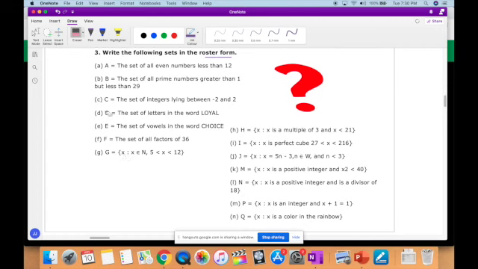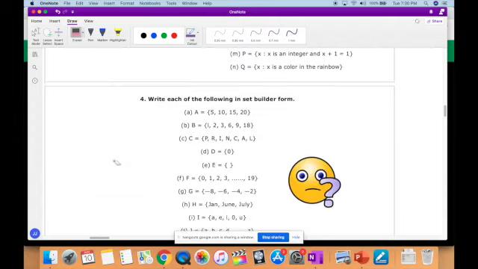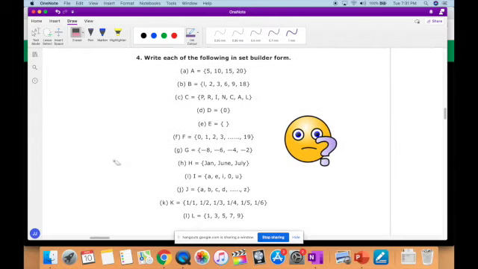So obviously G would be 6, 7, 8, 9, 10, and 11. That is the set G. So everybody understand what to do for this page, right? I hope so.